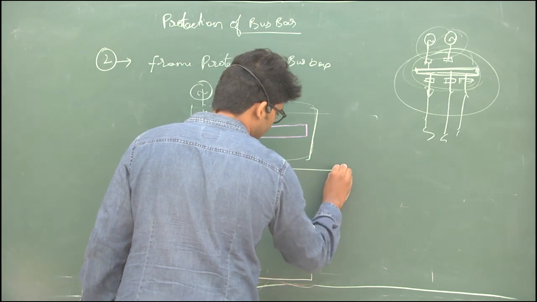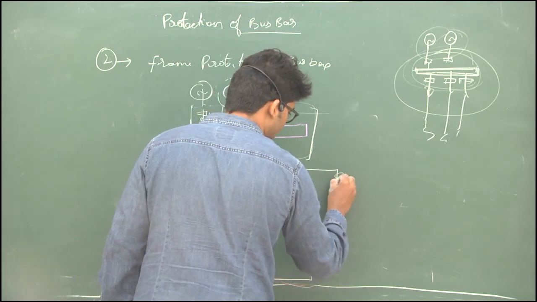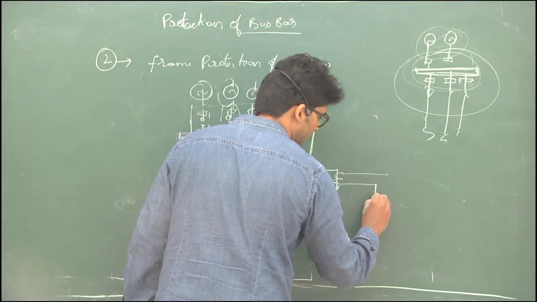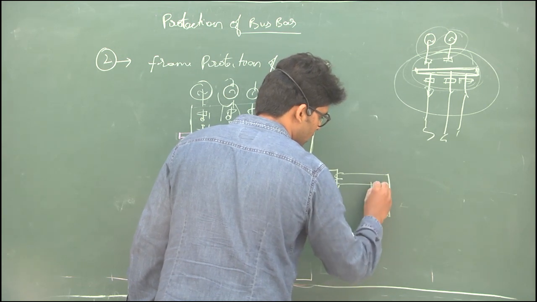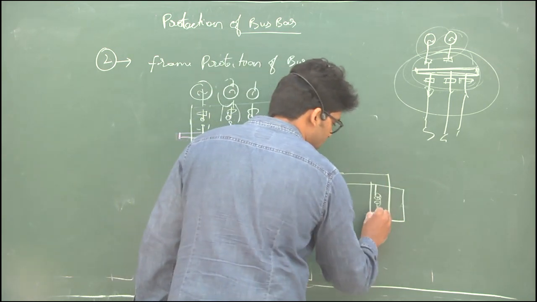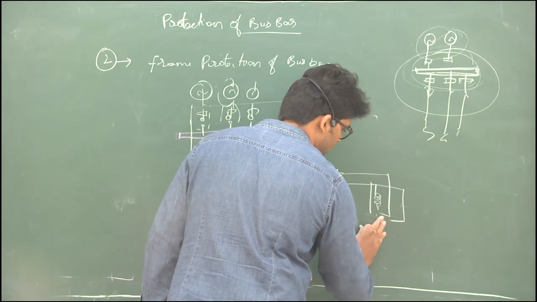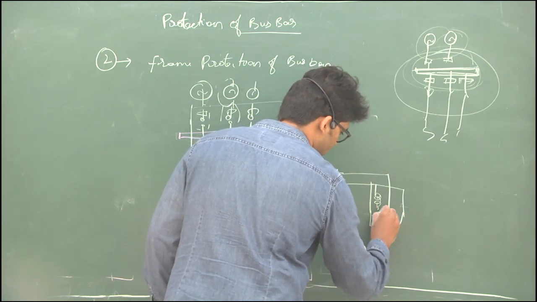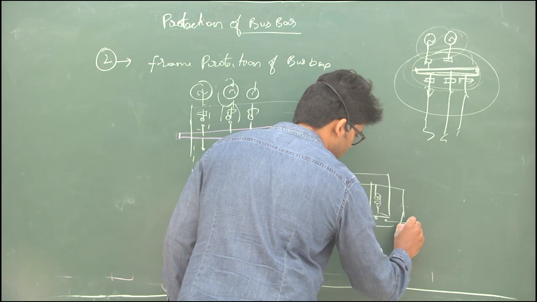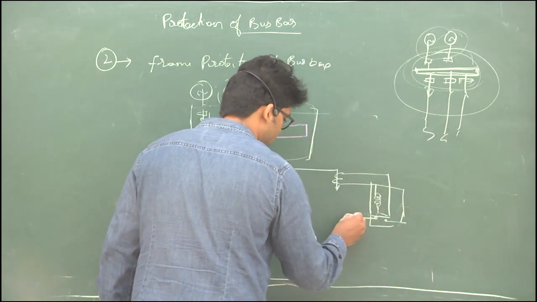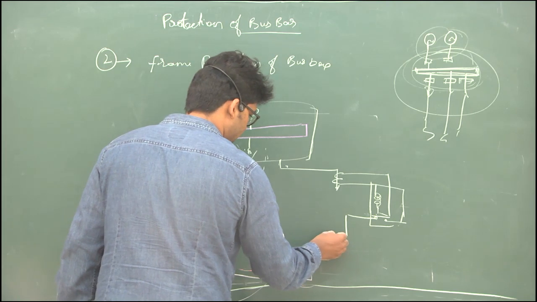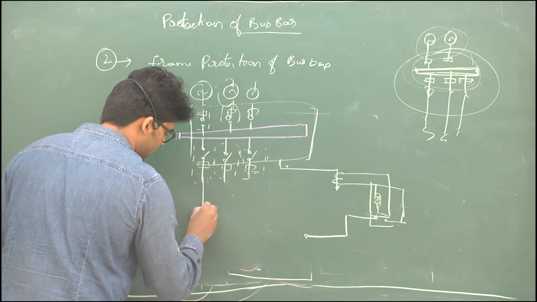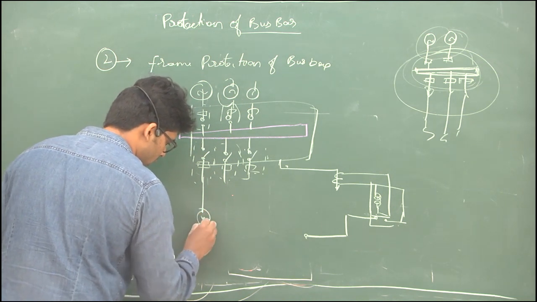For that leakage current, I am keeping a CT here, and to that CT I am connecting one coil, and this is the tripping coil. One terminal is here, and the other terminal is fed from the incoming transformer.